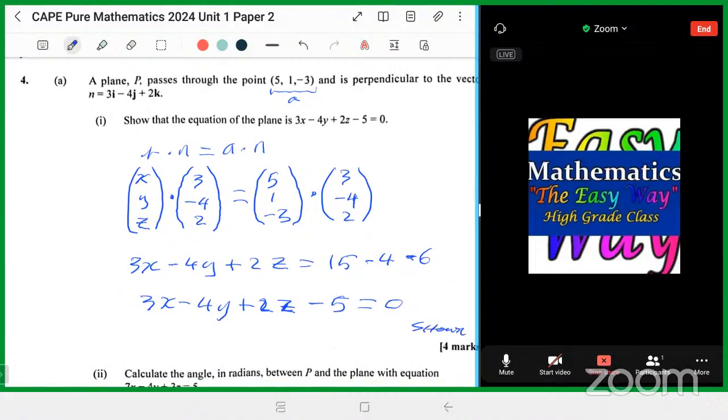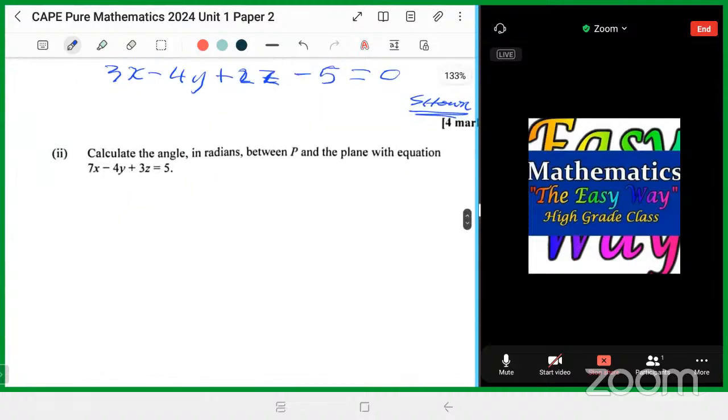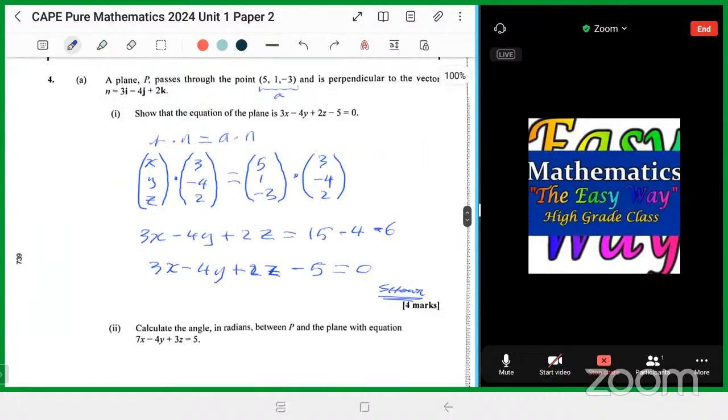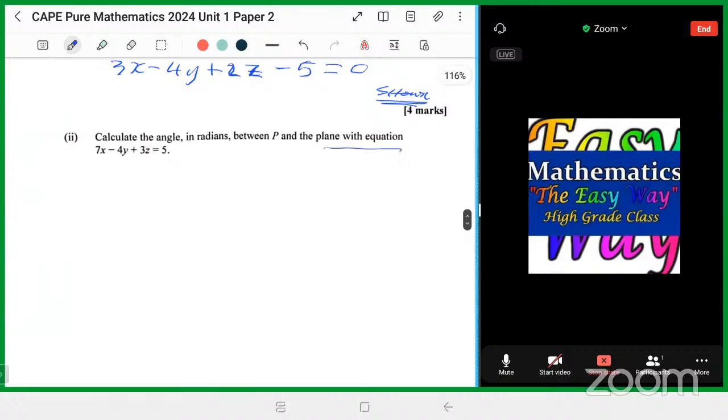All right. This part says, calculate the angle in radians. They want it in radians between P. P is the plane up here. This is a plane P that has this normal, and another plane with this equation.